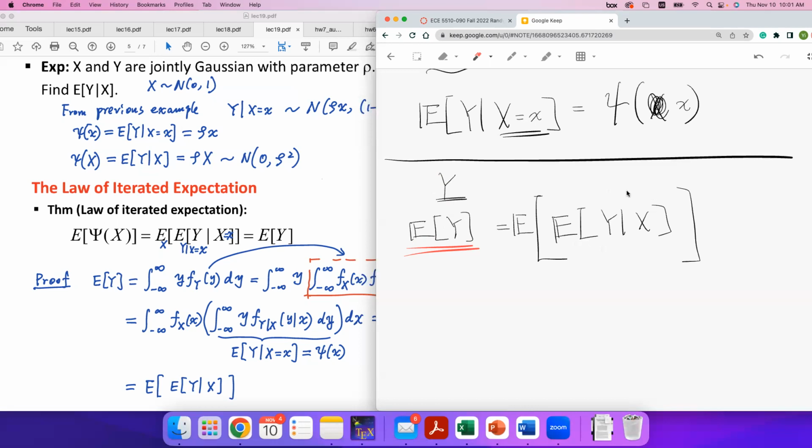Now inside, as we discussed before, this thing is a function of x. If we ignore this notation and view it as a function of x, then this is a random variable. And we are taking expectation of this random variable. So you can say this is basically the expectation of phi x. Well, phi x is defined as this random variable.